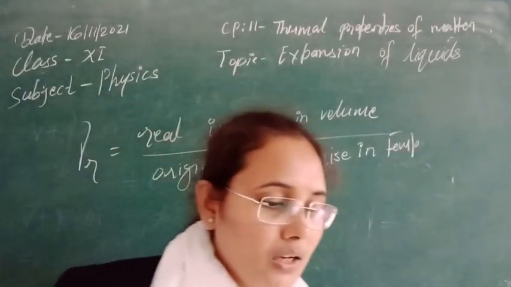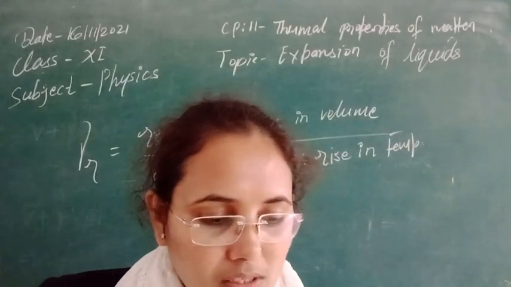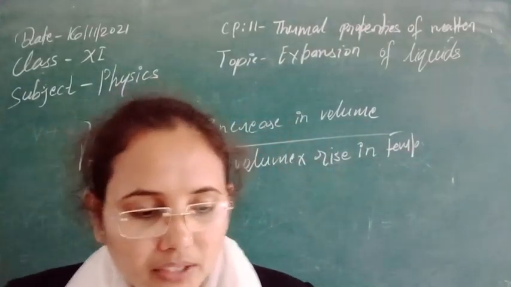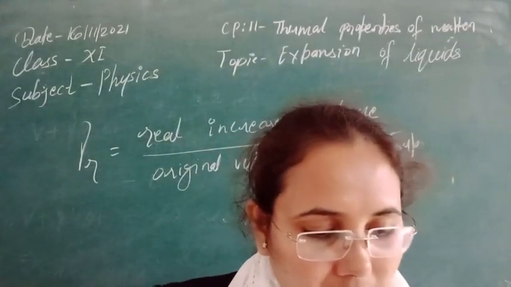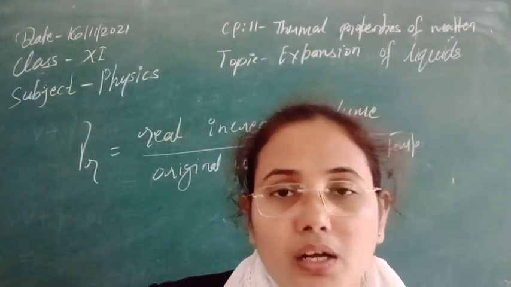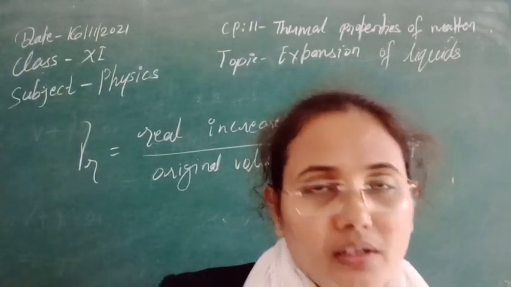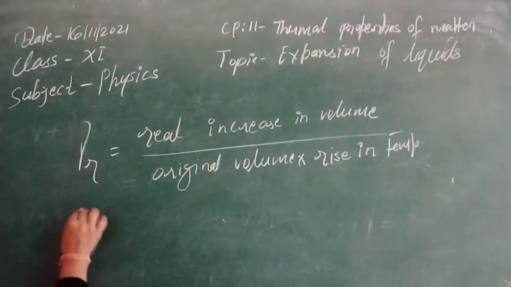Similarly, we can define the coefficient of apparent expansion of the liquid. It is defined as the apparent increase in volume per unit original volume per degree Celsius rise in temperature. It is denoted by gamma a.